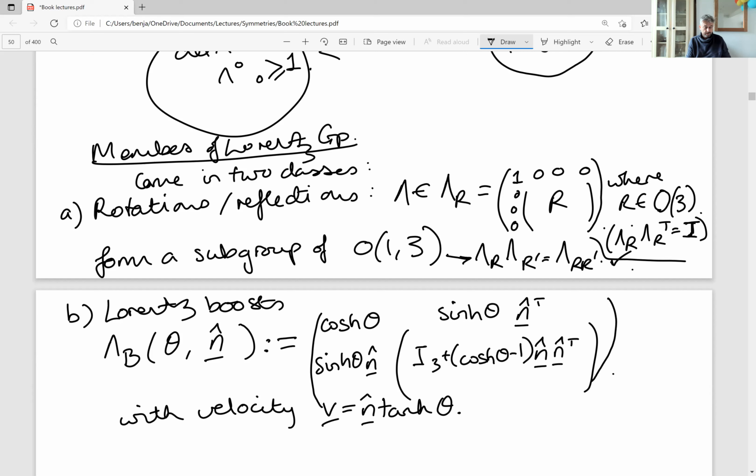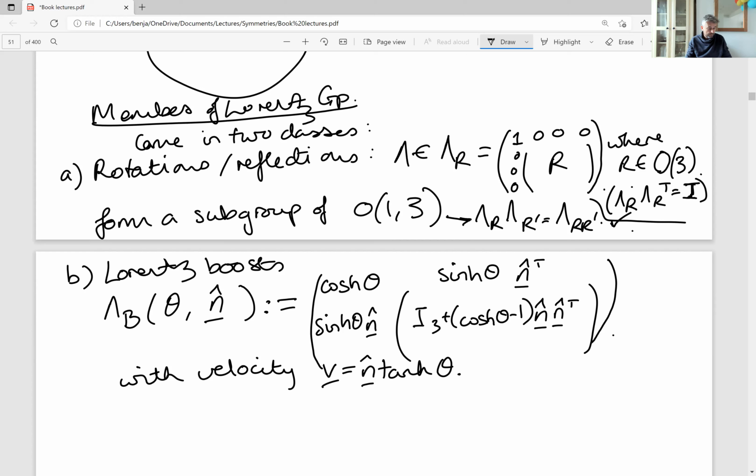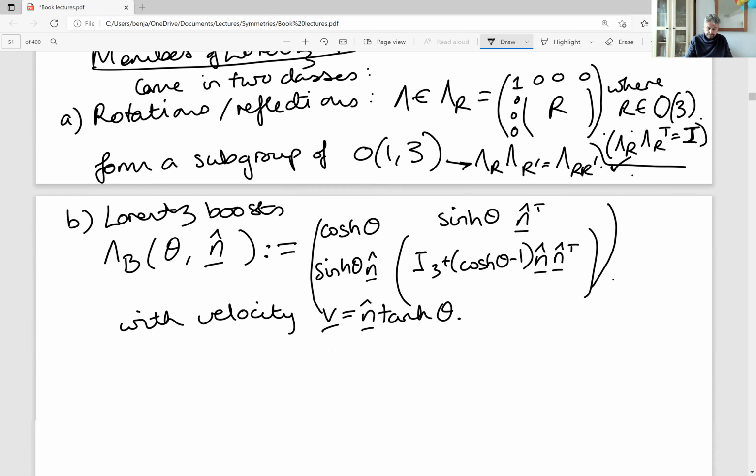Yes, there is an exercise in the book on this. These actually don't form a subgroup because if you do 2 successive Lorentz boosts, you can end up with a rotation which isn't described by a Lorentz boost. So, okay.